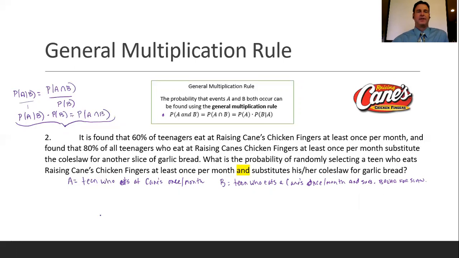Okay. So what I had is they want to know what is the probability that both of these happen. Okay, that you actually have a teen that may eat there once a month, and further that teen also eats an additional slice of bread versus the coleslaw.